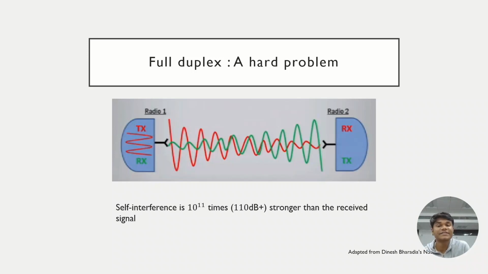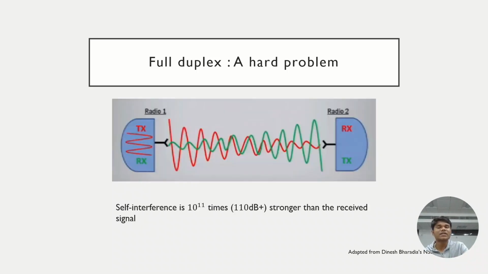Self interference is 10 raised to power 11 times stronger than the received signal, which means that if you're trying to receive, say, a signal of strength x, then the self interference itself is x times 10 raised to power 11, which is super high. So if you do not cancel that self interference, you might not even be able to receive anything. So canceling that self interference is the key challenge here.